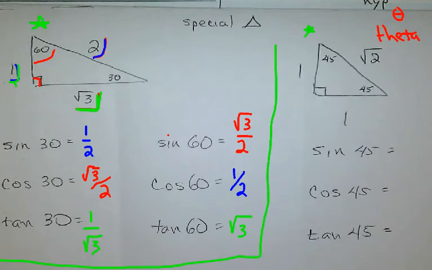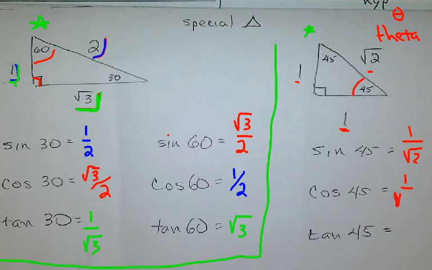The sine of 45, we'll pick this one, opposite over hypotenuse. So that's 1 divided by the square root of 2. What about adjacent over hypotenuse? Oh, it's the same thing. For 45-degree angles, that's exactly right.